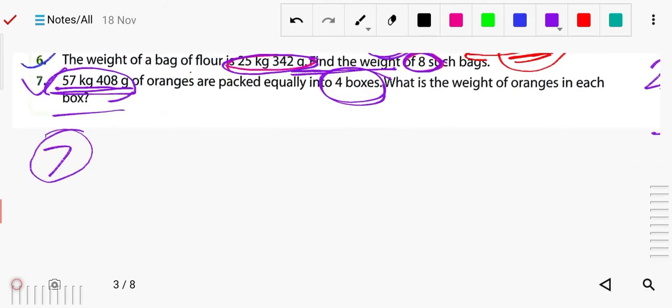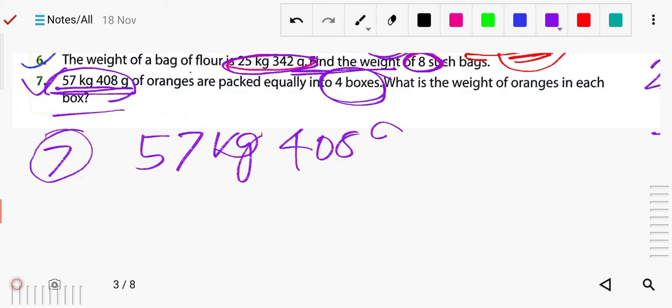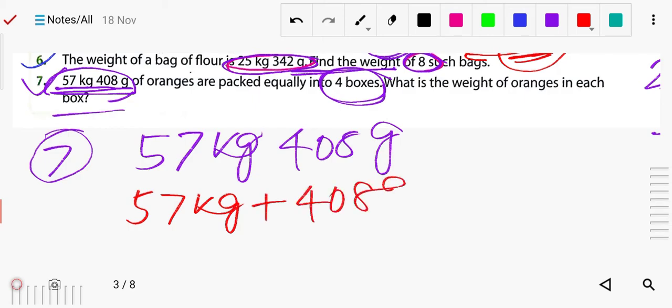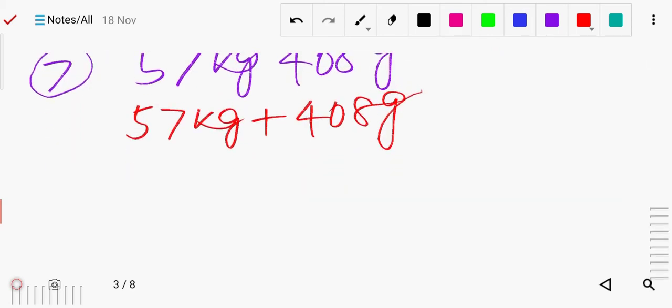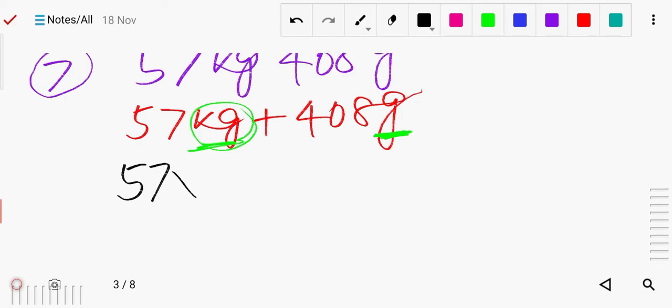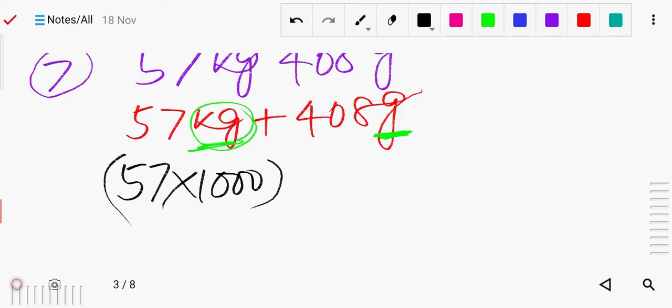So number 7, this is 57 kg 408 gram. First of all, write it in the plus form: 57 kg plus 408 gram. Now change to the smallest unit. Gram is the smallest unit, so kg will also change to gram. 1 kg is 1000 gram, so multiply 57 by 1000 plus 408 gram.